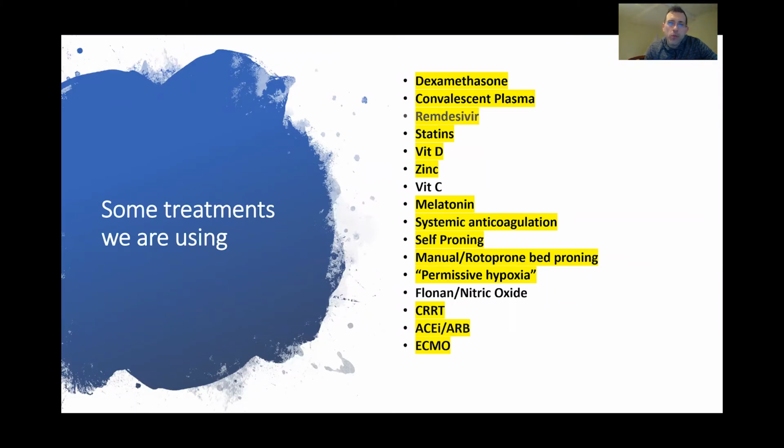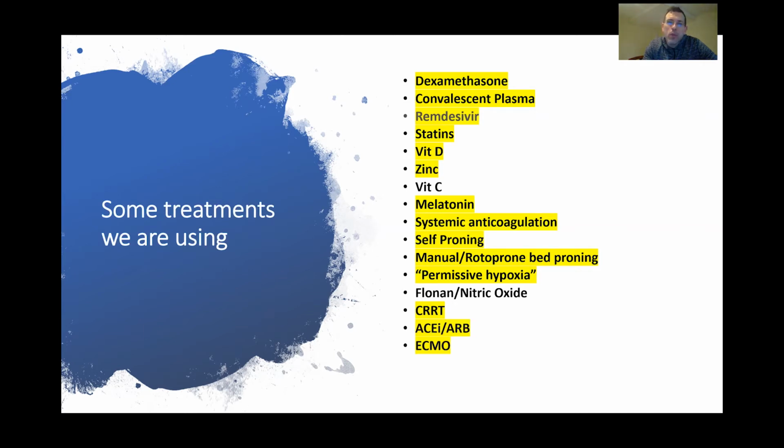So what about some of the treatments that we're using? I'll try to go over the ones here that are in the yellow, and I'll briefly mention vitamin C and flolan and nitric oxide here. There has been some information about vitamin C having beneficial effects, maybe via some of its antioxidant properties, maybe in helping to strengthen the endothelial lining, which we'll talk about a little more with COVID maybe being more of a vasculitis, as we think of right now.